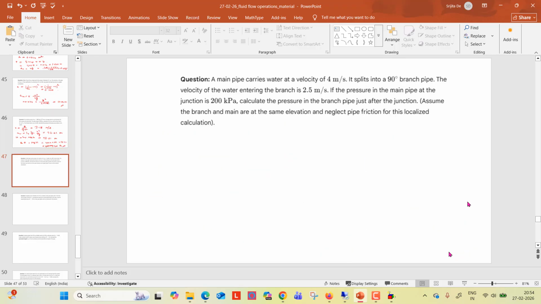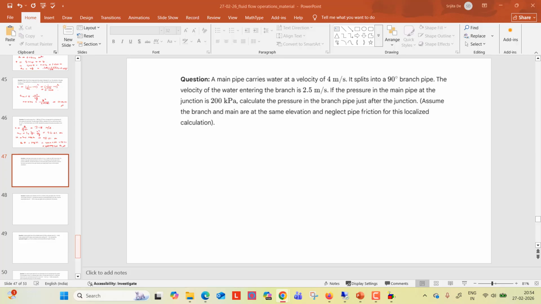A main pipe carries water at a velocity given. It splits into a 90-degree branch pipe. The velocity of the water entering the branch pipe is this. If the pressure in the main pipe at the junction is given, calculate the pressure in the branch pipe just after the junction. Assume the branch and main are at the same elevation and neglect the pipe friction for this localized calculation.